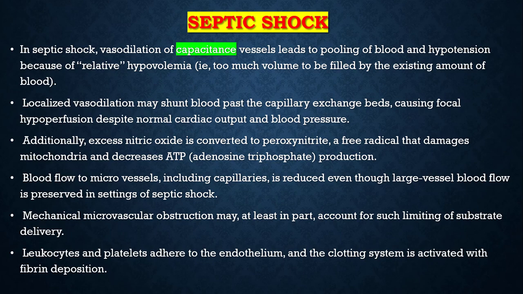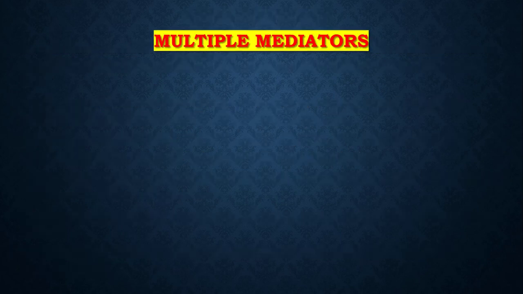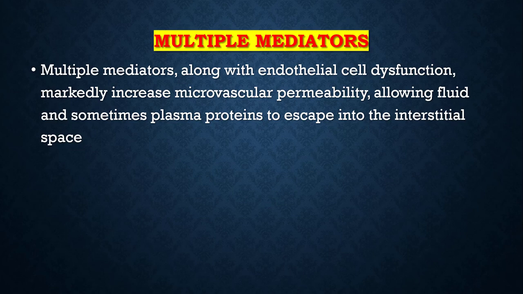Leukocytes and platelets adhere to the endothelium, and the clotting system is activated with fibrin deposition. Multiple mediators along with endothelial cell dysfunction markedly increase microvascular permeability, allowing fluid and sometimes plasma protein to escape into the interstitial space.